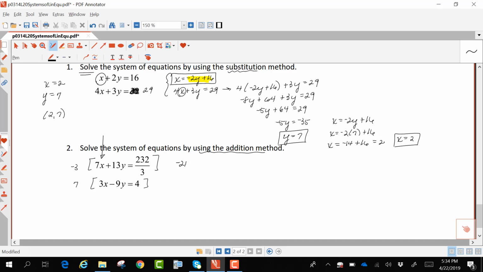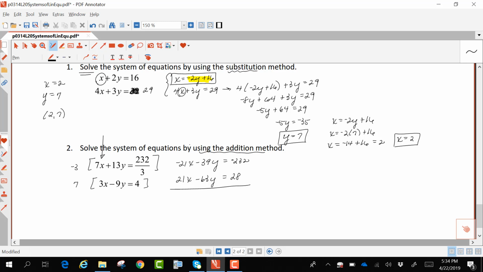This would be, when I multiply through times the negative 3, a negative 21x minus 39y equaling negative 232. The bottom equation would become 21x minus 63y equaling positive 28.